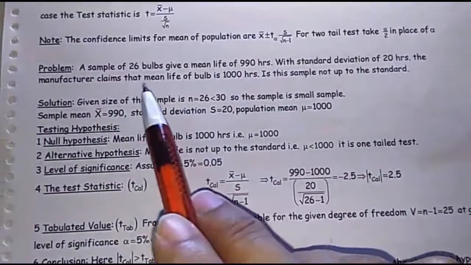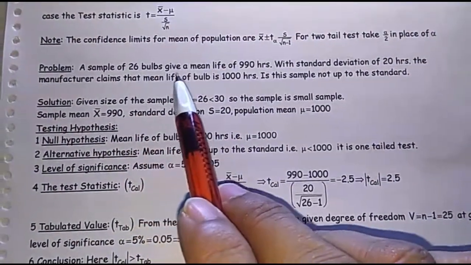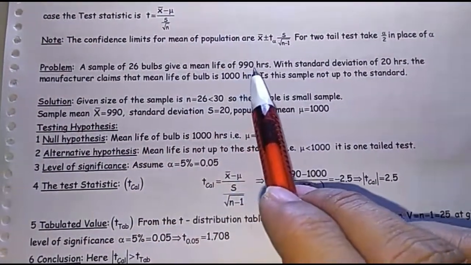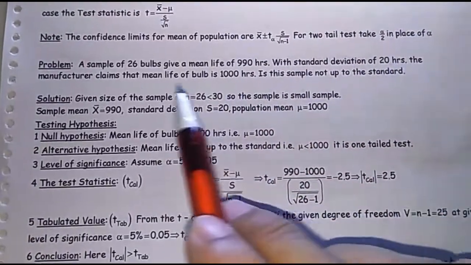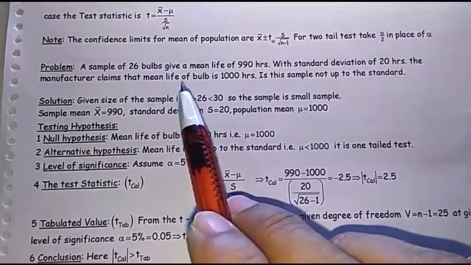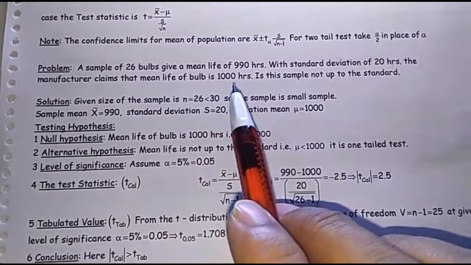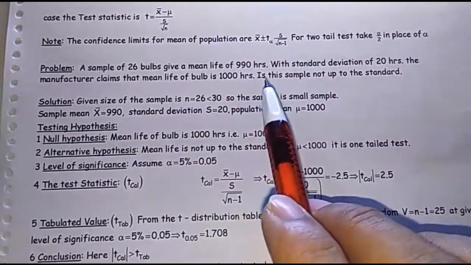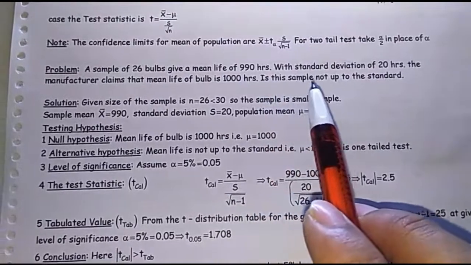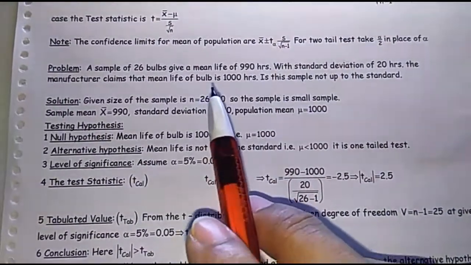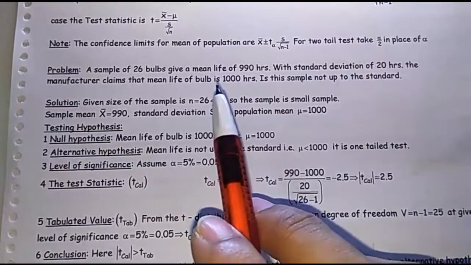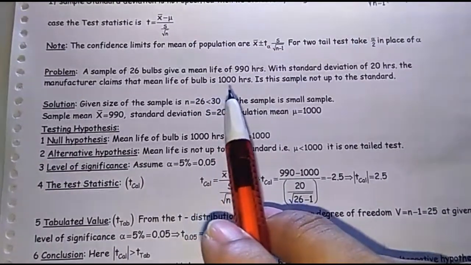This is the problem. A sample of 26 bulbs gives a mean life of 990 hours with a standard deviation of 20 hours. The manufacturer claims that the mean life of bulbs is 1000 hours. Is the sample not up to the standards? Now if you observe, the manufacturer claims that the life of the bulb is 1000 hours.